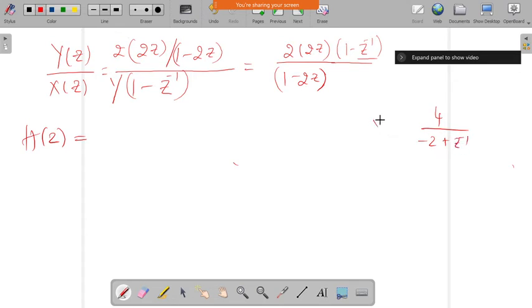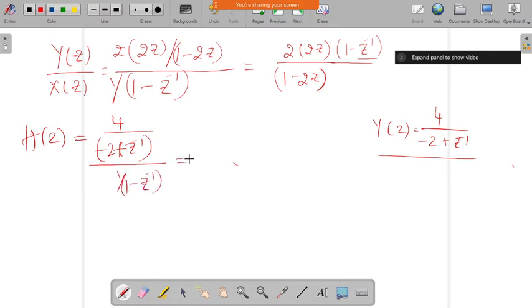That is what we got for y of z in terms of z inverse. So y of z is 4 divided by minus 2 plus z inverse, and x of z is 1 over 1 minus z inverse. So now, 4 into 1 minus z inverse divided by minus 2 plus z inverse. That is what we are going to get here.